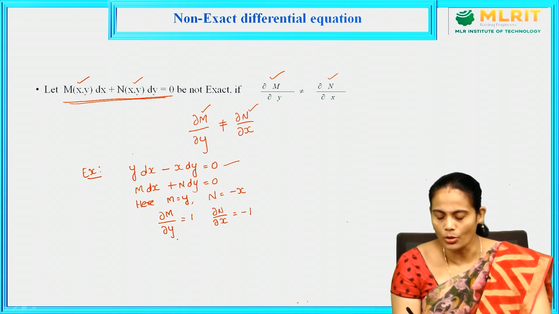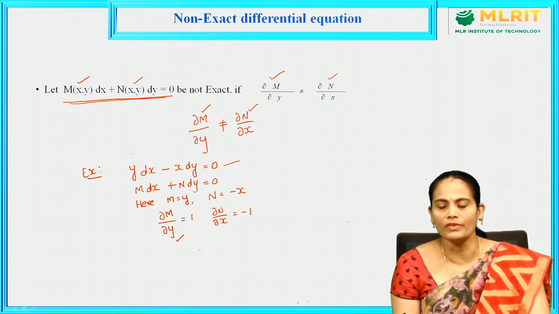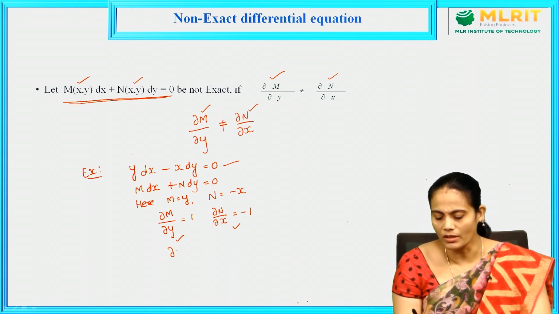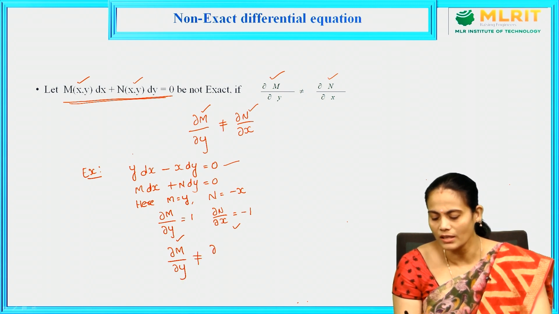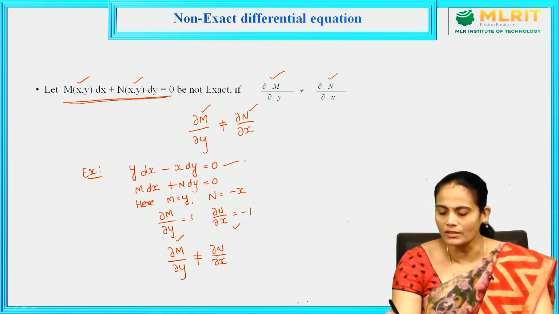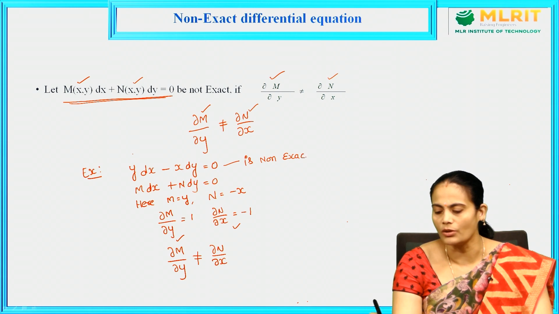See here, dou M by dou y is equal to 1 and dou N by dou x is equal to minus 1. So these two are not equal. So dou M by dou y is not equal to dou N by dou x, so this differential equation is a non-exact differential equation.